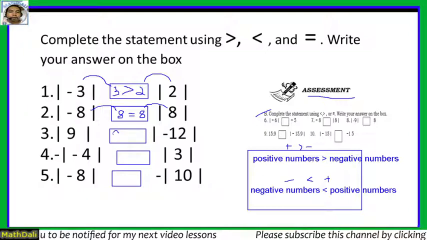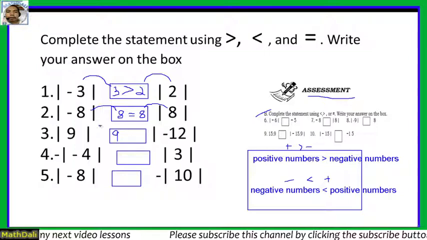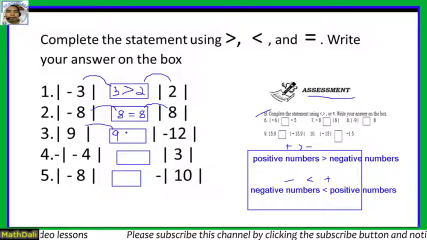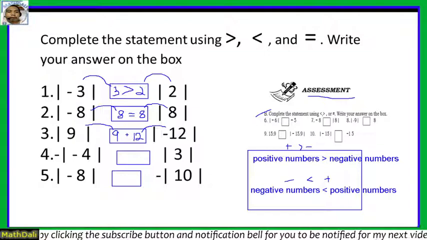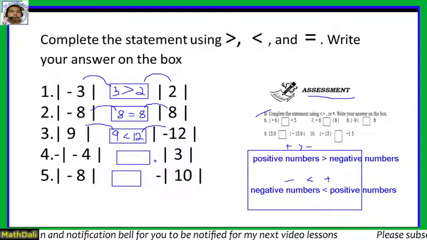That is, yan, positive 9. Absolute value of negative 12. Ang absolute value naman ng negative 12 ay positive 12. Okay, so nilalagay dito, greater than ba o less than? So definitely, 9 is less than positive 12.